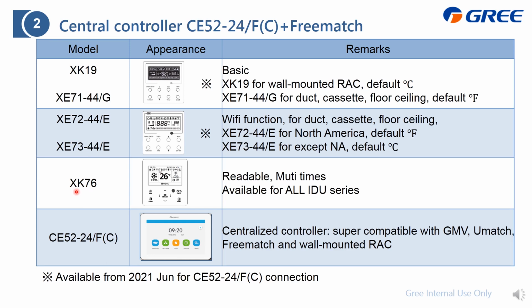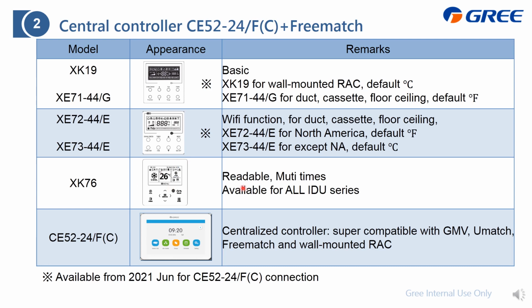As for the SK76, first of all, it is readable, which means that, unlike the previous two, you do not need to memorize codes for different functions, debugging settings or parameters. You can just change the value or turn the function on or off directly on the screen.